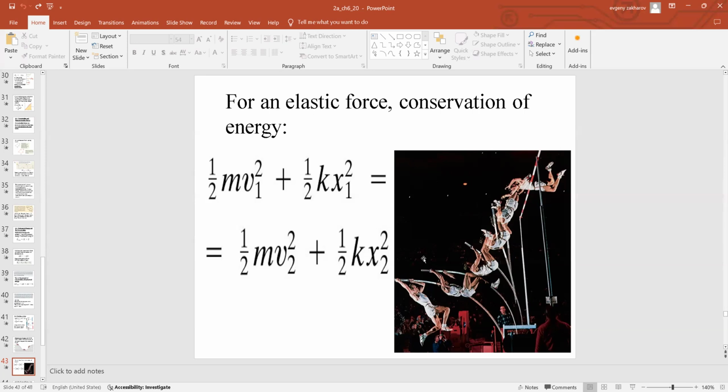There is your gymnastics competition with that pole bending. So you have some elastic potential energy in the pole, and the person will gain kinetic energy because there is elastic potential energy in the system of the person with the pole.